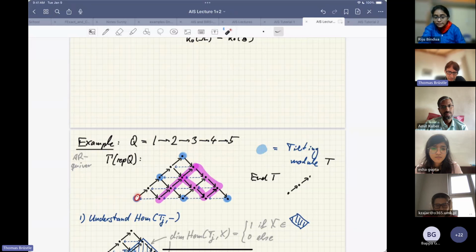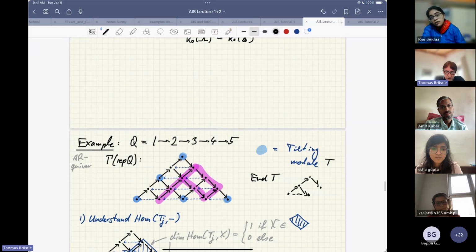So there's a morphism from here to here to here. This is what I have there. And then there's a morphism down there. But that morphism here goes through a zero relation. So I do have a zero relation there. And what else? There's a morphism from here to here. There's a morphism from here to here.